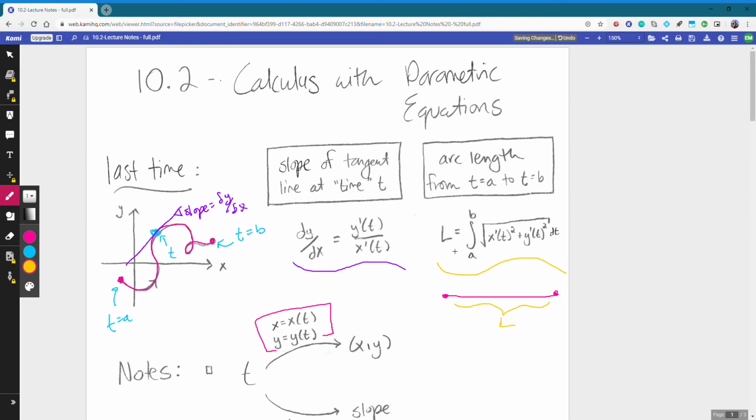And that's exactly what our arc length formula hands us. So we have a worksheet today to play around with these ideas. I just have a couple of notes before we start in with that.